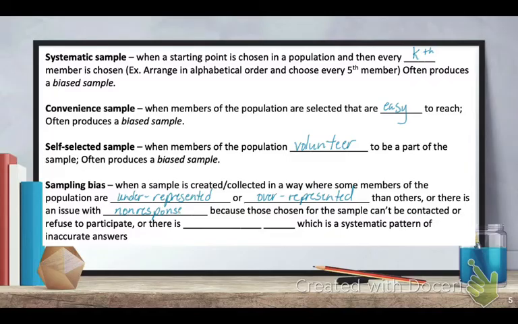So maybe the question is kind of a hot topic and people don't want to respond to it. And because those chosen for the sample, they may not be contacted or they just refuse. There is also response bias. So again, this is if someone would want to respond a particular way to a question to appear a particular way.